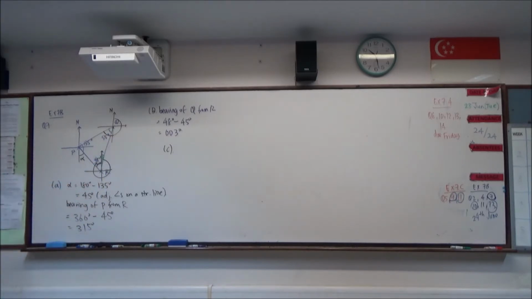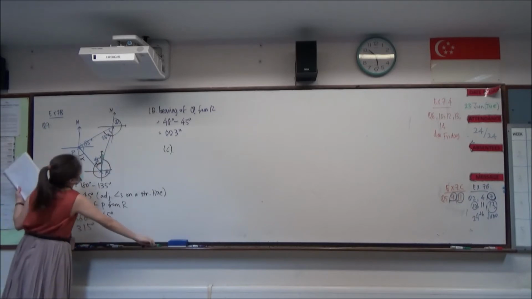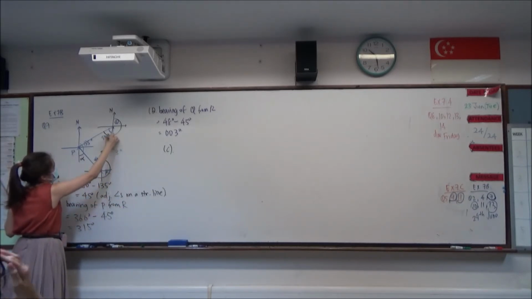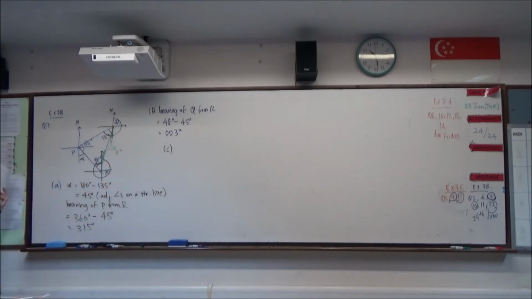Okay, so in order for us to do that, we can see that because this angle that we have found in part B is actually 3 degrees, down here is actually 3 degrees as well due to alternate angles.